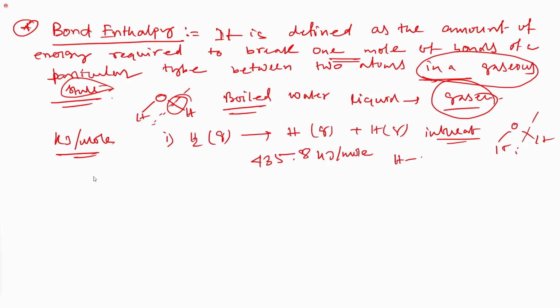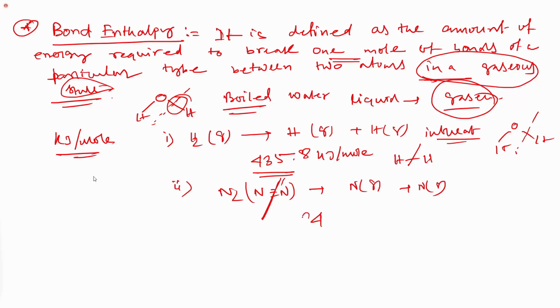So to break this hydrogen bond, we need this bond enthalpy, 435.8 kilojoule per mole. Suppose this N2 bond. N2 means we know that N triple bond N. So to break this N triple bond N, we need 946.0 kilojoule per mole. Okay.